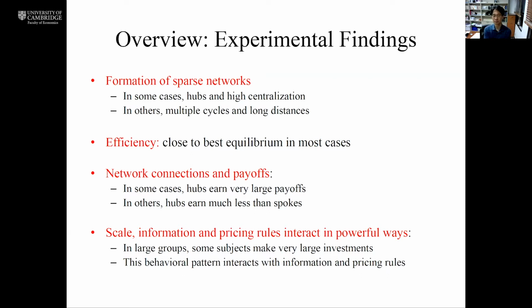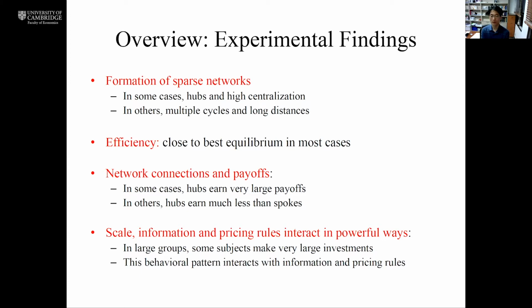Finally, since we are studying large-scale experiments, we vary the group size, called the scale, but we also vary other dimensions of the environment, including information about others' payoffs and the pricing protocols in the intermediation problems. And these other features of the environment interact with the scale in a powerful way.